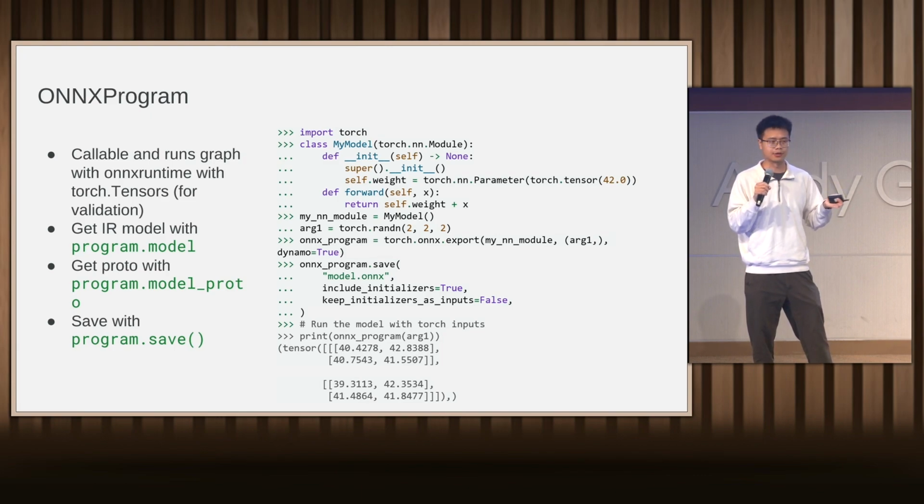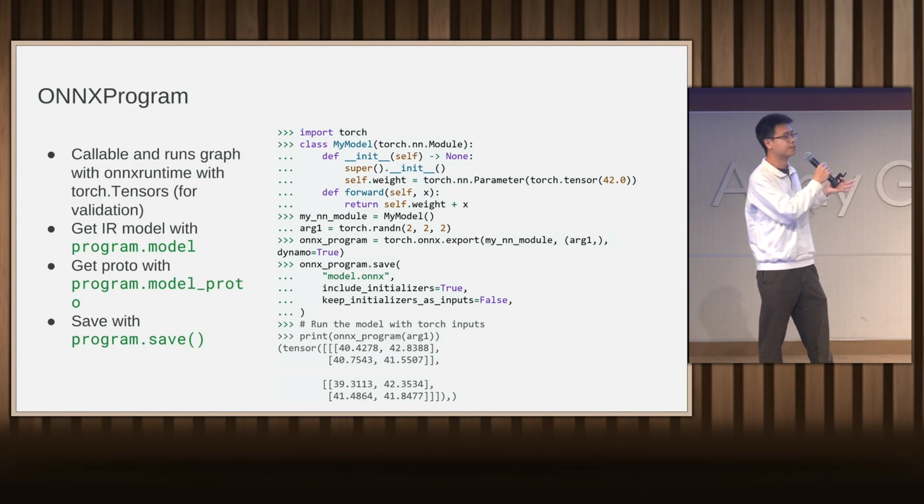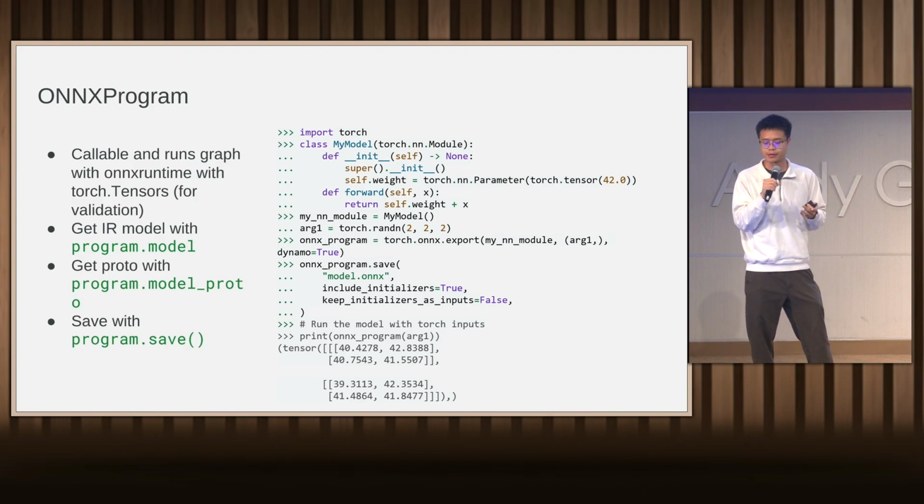There is also a simple save API for you to save it to disk. What's nice is that it is now a callable that can accept torch tensors, so it makes it really easy for you to run the program and verify that it is behaving the same as your nn.Module in PyTorch.